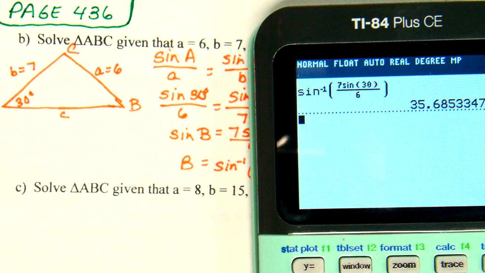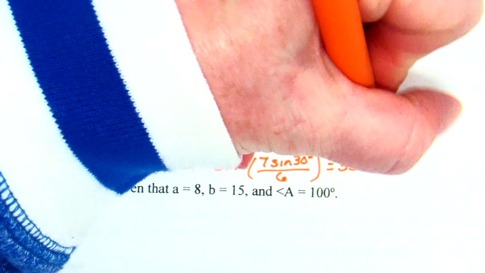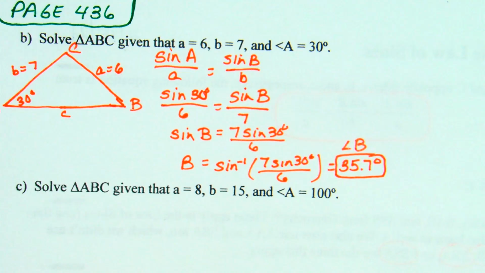Second sine of 7 sine 30 divided by 6. 35.69. You guys agree? I'm just going to go one decimal place, so 35.7. Got your calculators cooperating with you? And 35.7 degrees is angle B.